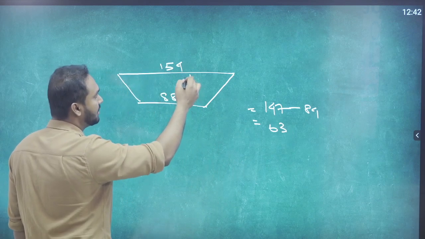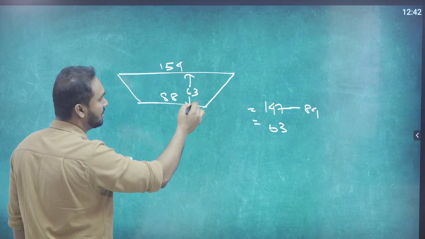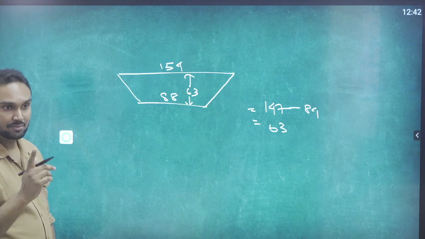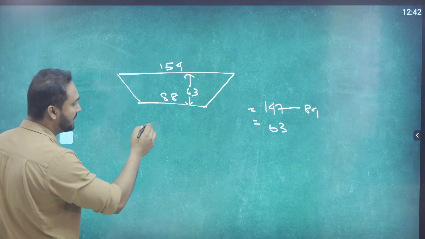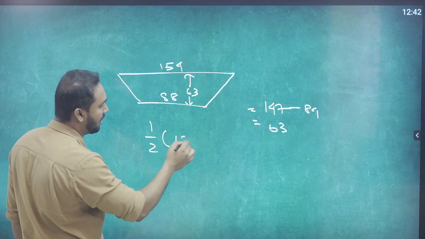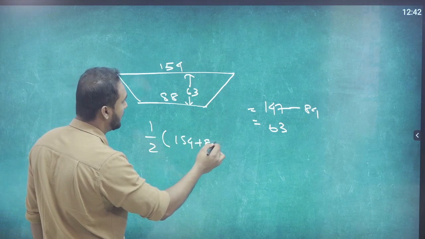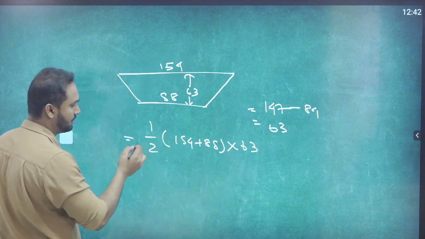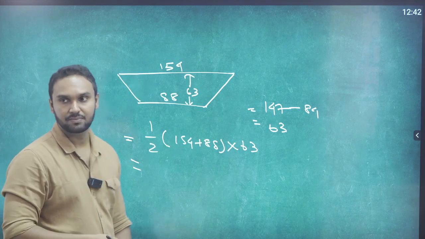So that is the perpendicular height, 63. Right. So now you can get the area. What is the area now? Half into 154 plus 88 into 63. Right. Simplify this one. You get the same answer.